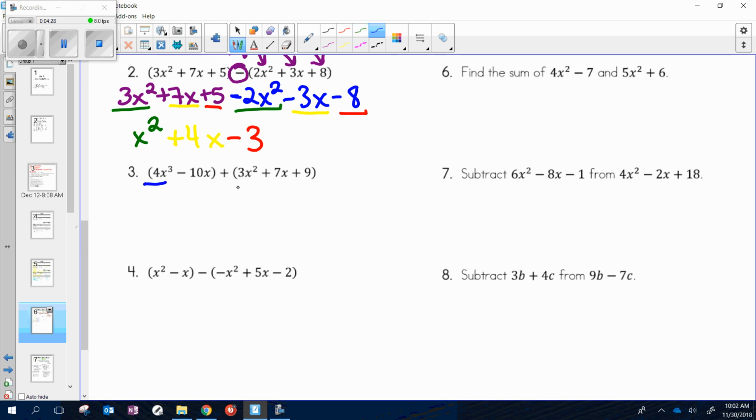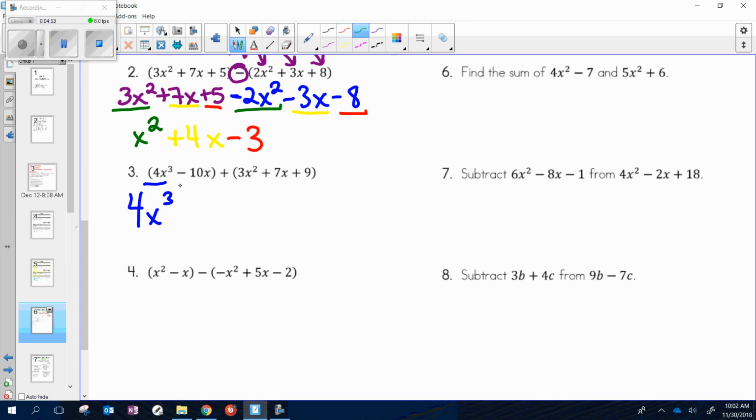So I have a 4x cubed plus, oh, I don't have any sort of x cubed over here. So can I add this 4x cubed to this 3x squared that I had underlined? Well, no, I can't. So instead, my 4x cubed is going to stay by itself, and we're not going to have to add it to anything because there's nothing else that's like it. We're looking for like terms.